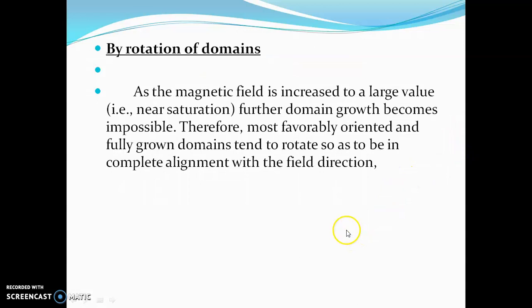The second step: when the magnetic field is increased to a large value, further domain growth is not possible. When you apply a high magnetic field to ferromagnetic material, further domain growth is not possible.